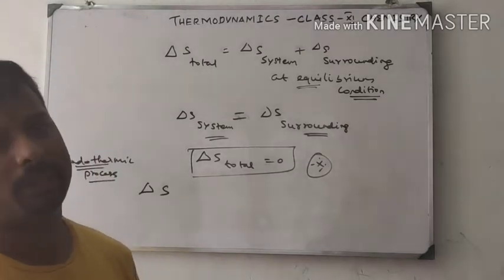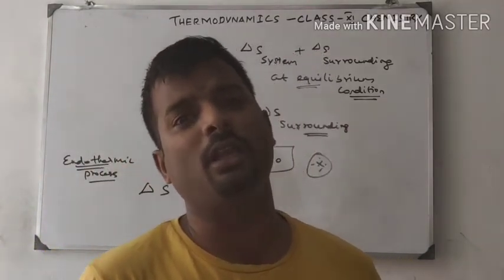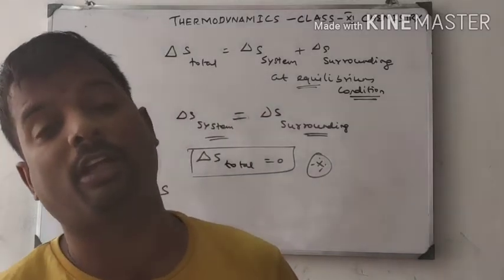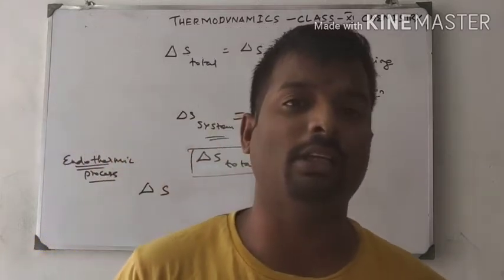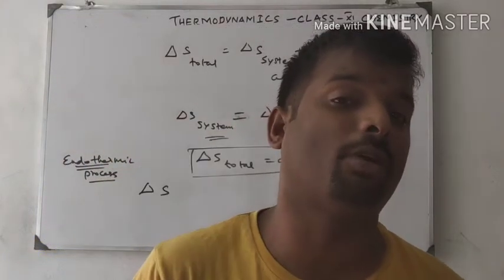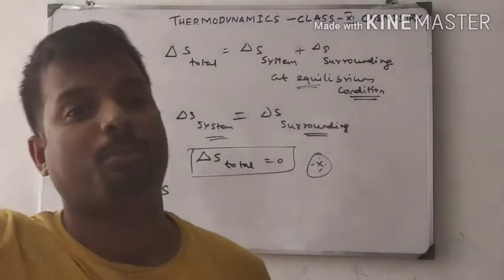I already explained that melting of ice, carbon disulfide formation, and liquid sodium chloride dissolving in water are all endothermic processes. I have explained that they obey the second law of thermodynamics. Therefore, they undergo spontaneous process.